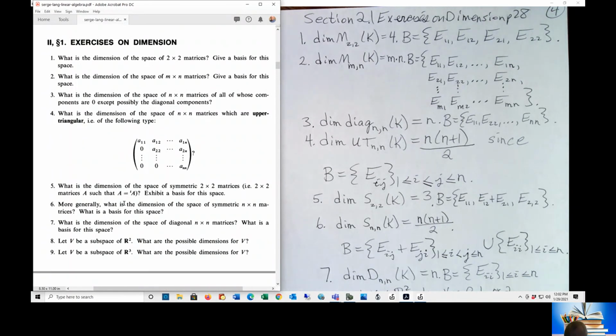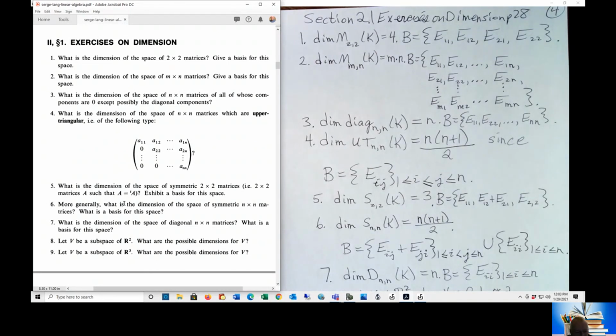And a basis for the symmetric square matrices consists of the E_ii's, i from 1 to n, there's n of those. But then we have also, running from 1 to n with i strictly less than j, E_ij plus E_ji. So there are n times (n minus 1) over 2 of those. And I might illustrate a specific example in class.